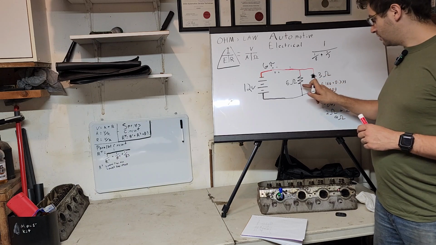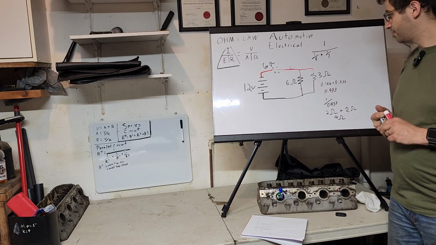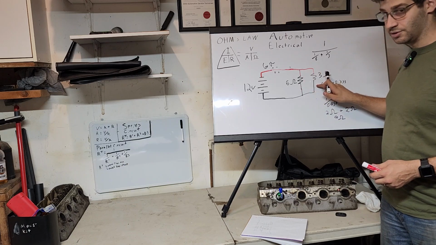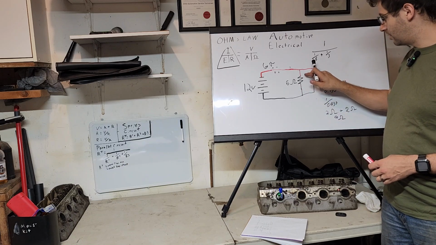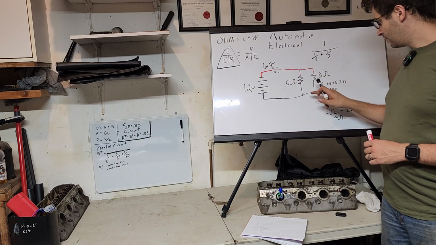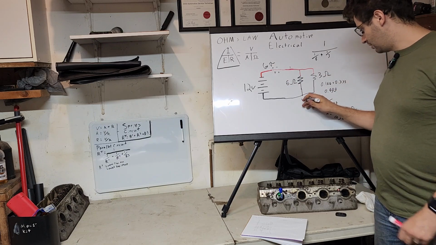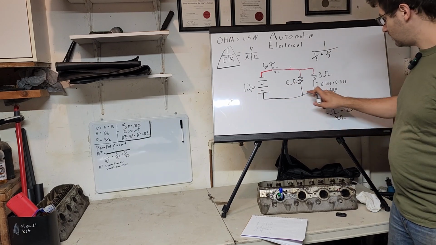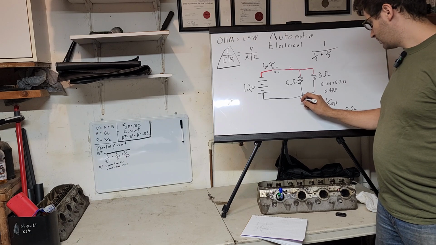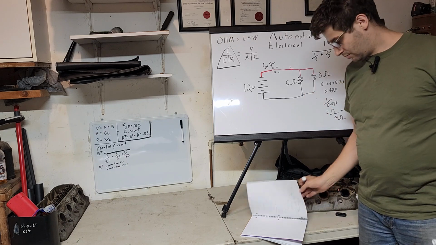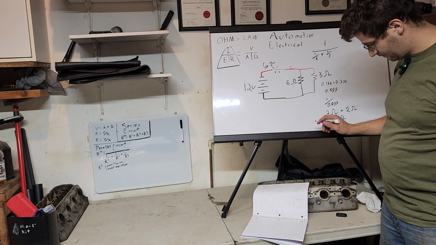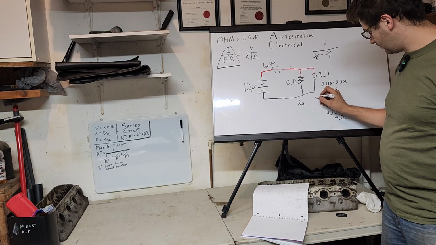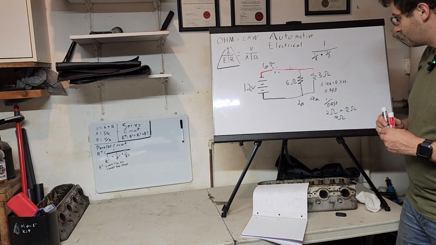But each leg is going to draw a different amperage. As you add more resistors onto a leg, just like a series circuit, the amperage is going to go down. But these will have their own. So 6 ohms, we have 2 amps there and 4 amps there. Nice and easy.